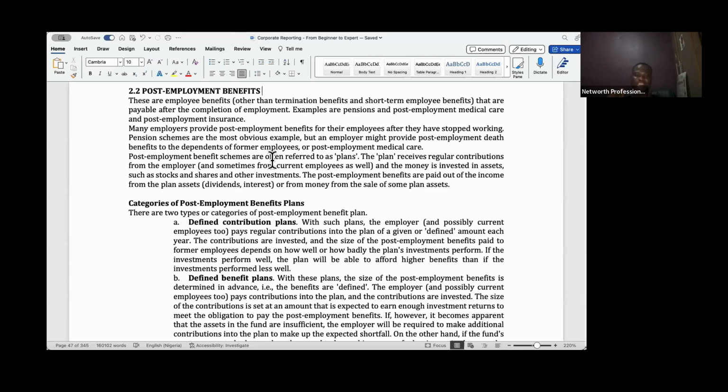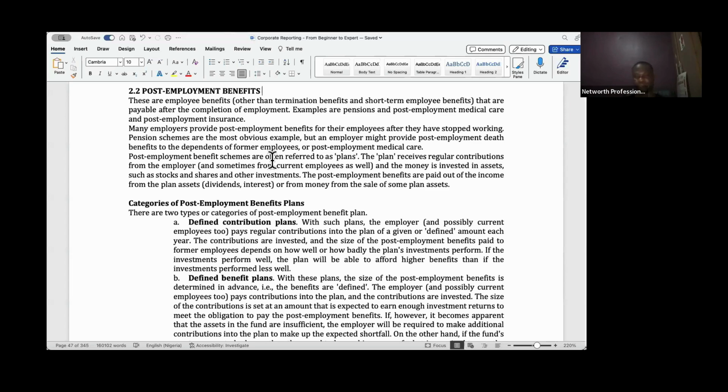So the person exposed to risk under a defined contribution plan is either the employee or the scheme, or maybe the PFA to which the money is being contributed. Either of them are the people that are faced with investment risk in case they lose the money.